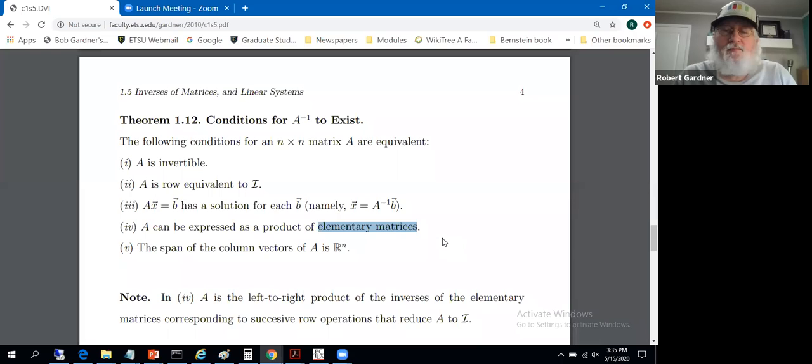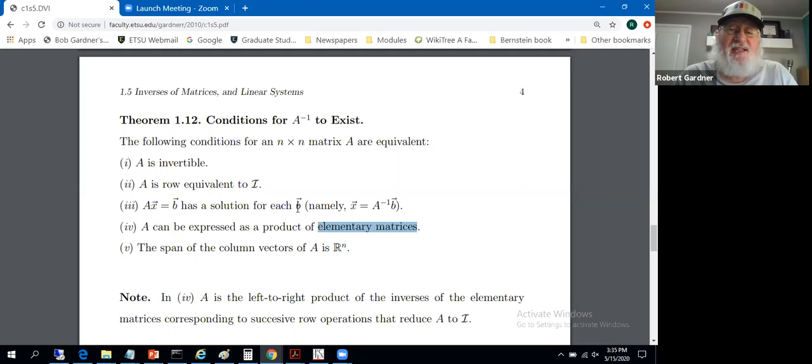And multiply A by a product of the inverses of these elementary matrices and effectively reduce A down to the identity. Refer to part 2. That means A is row equivalent to the identity.